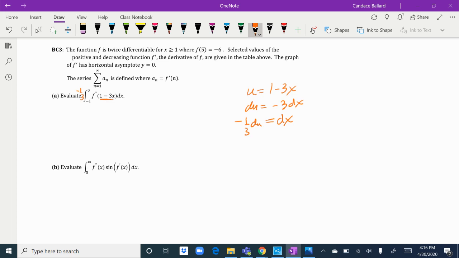It is poor notation if you keep the u in without changing things, but it doesn't matter because we're not going to show the u sub.